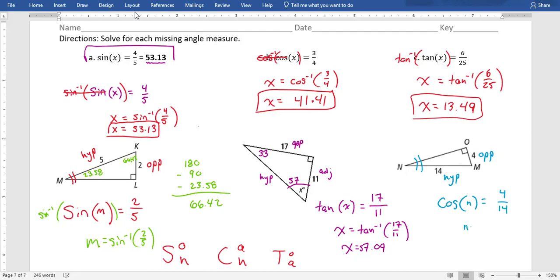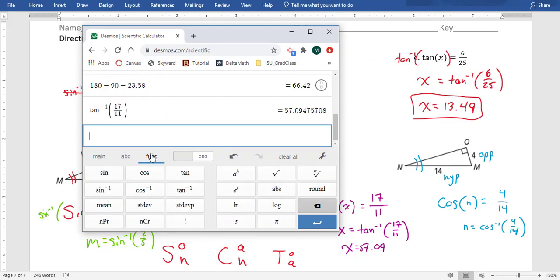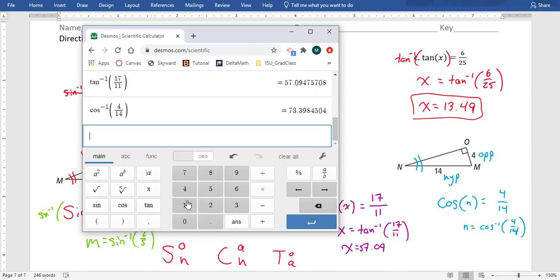And when I take the inverse cosine of both sides, it gets the variable n by itself on the left side of the equation, but then I need to perform an inverse cosine on 4/14. And when I do that, function inverse cosine of 4/14, I get 73.39 or 73.4.